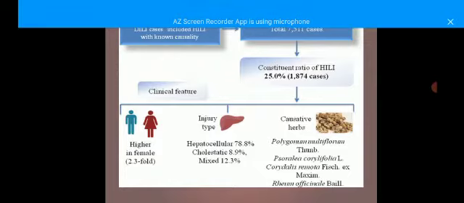Injury type or pattern of injury is basically a distinct pattern or factor which differentiates one disease from another, or it is basically the characteristic of that disease. For example, in hepatocellular pattern, there is an elevation in serum alanine and serum aspartate enzymes. Both are basically aminotransferases.